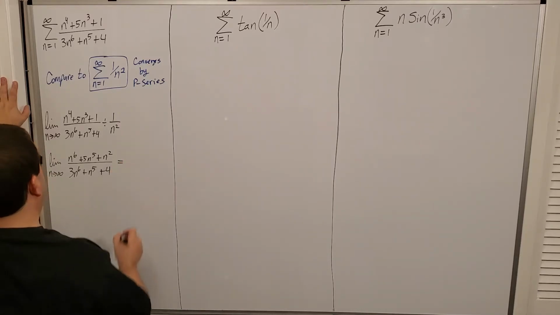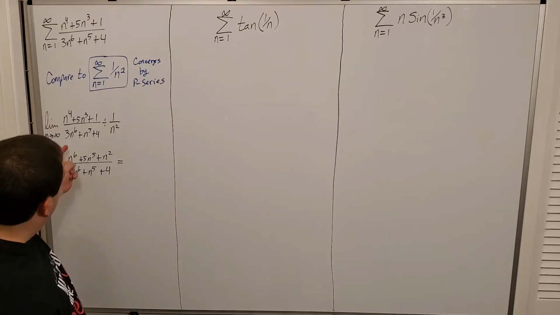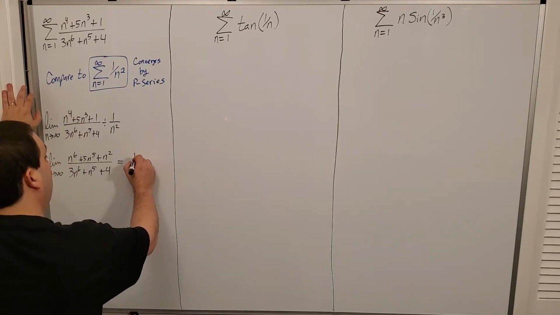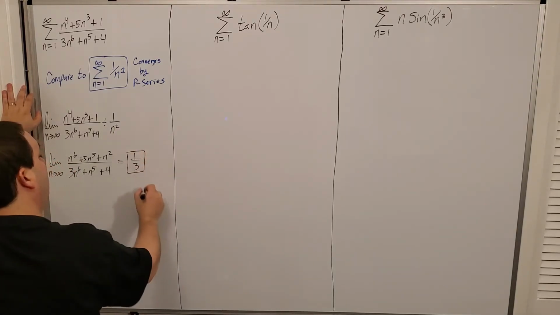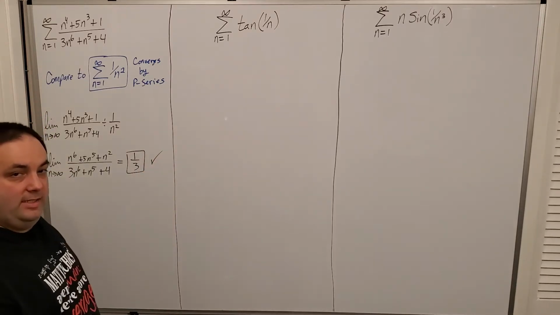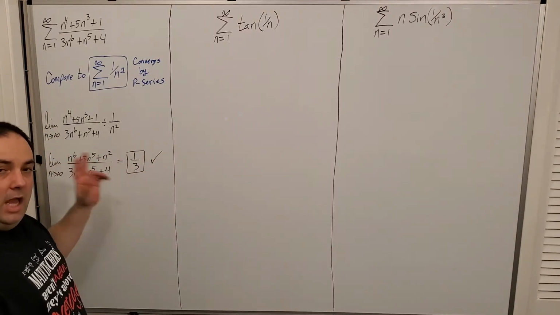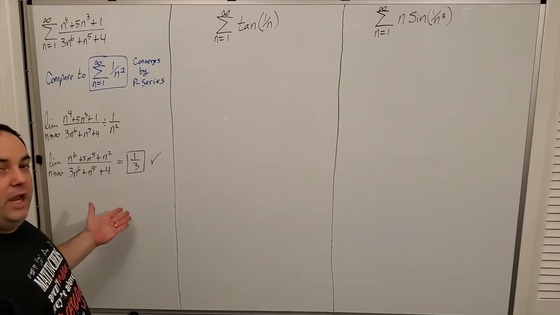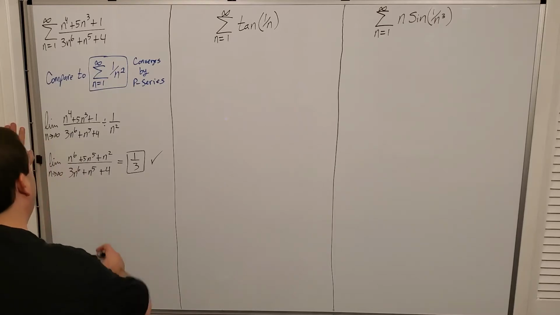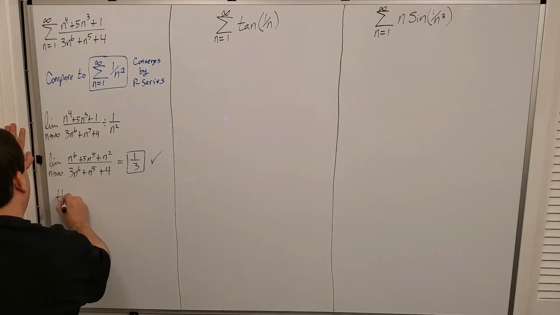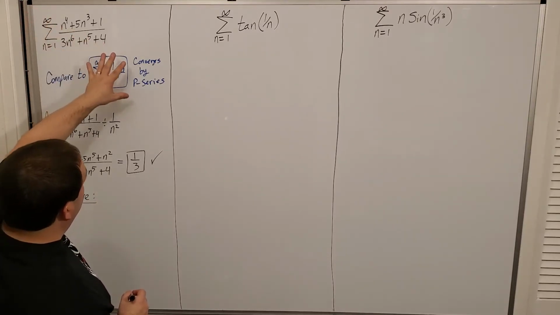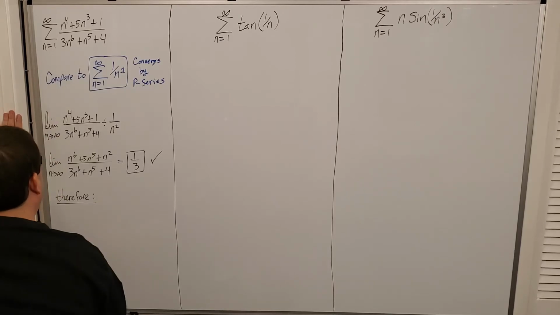Okay, and again, we have an infinite limit. The powers match, so I'm just going to get the coefficients, 1 over 3. So 1/3, which means this is a good comparison. It's not 0, it's not infinity, it exists. So therefore, the fate of my series matches the fate of the one I compared it to.